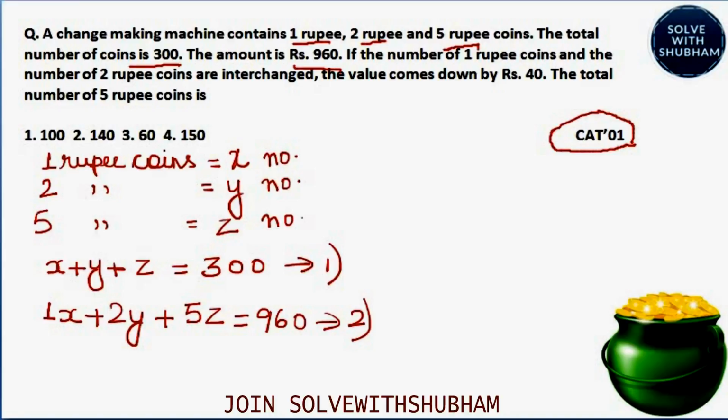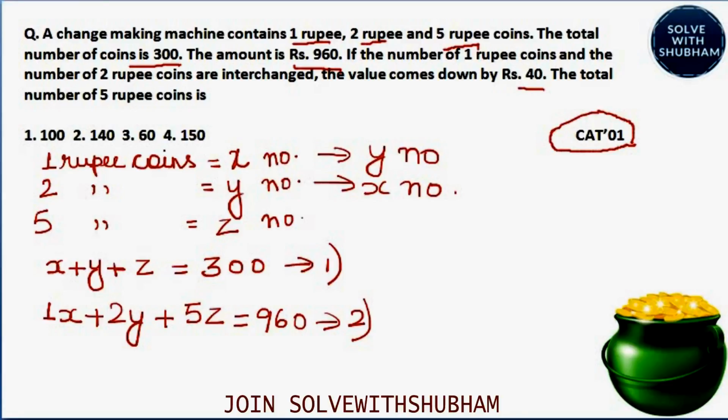Now, if the number of 1 rupee coins and 2 rupee coins have got interchanged, what does it mean? In the second case, this has become y number and this has become x number. So the value comes down by 40. If you look at the question, it says the value has come down by 40.